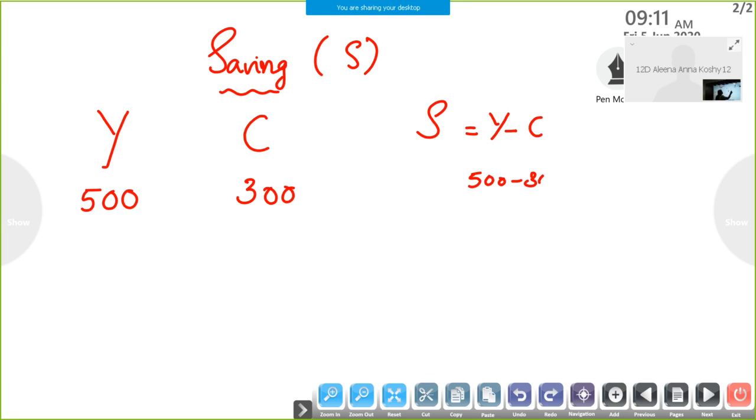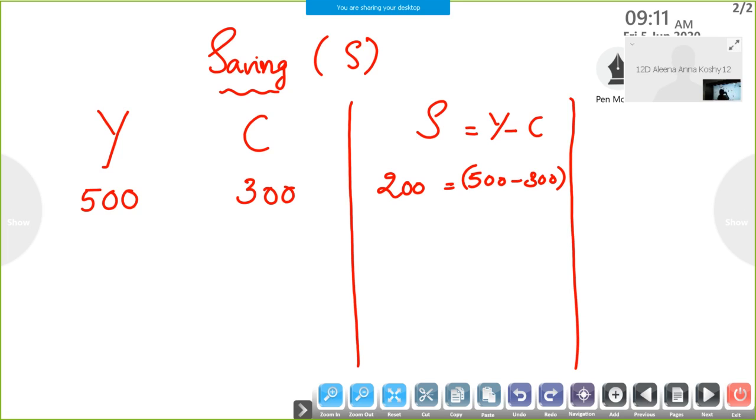What is the answer? 200. So saving is 200. This is the first situation. We can remark this is positive saving. Why we said positive saving? Here income is greater than consumption.